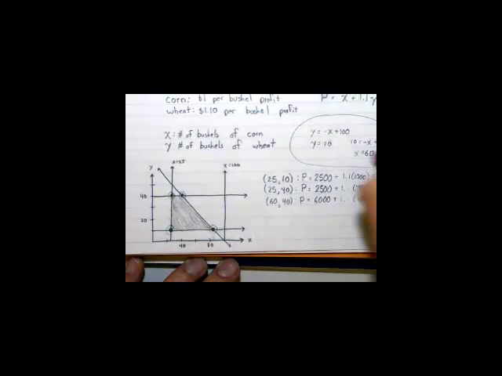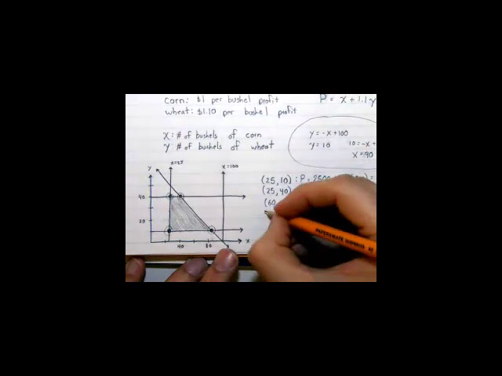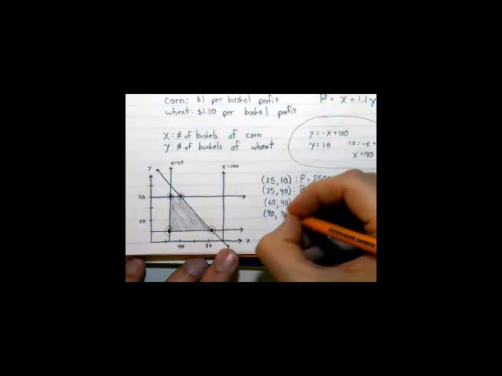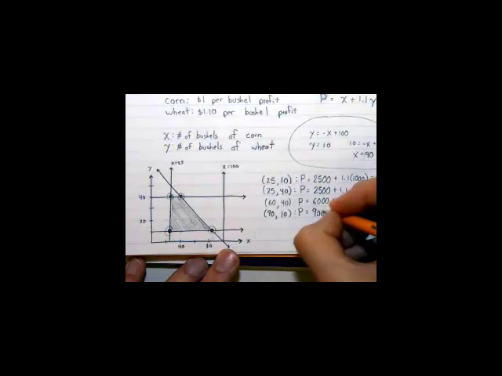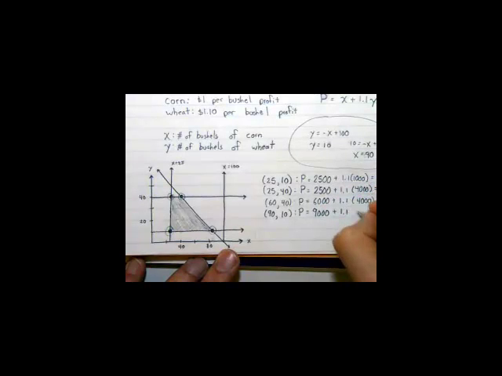So what do we got then? That'd be 90, right. So x is 90, and y is 10. Okay. So profit, 9,000 plus 1.1 times 1,000.